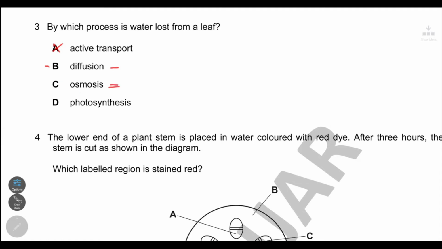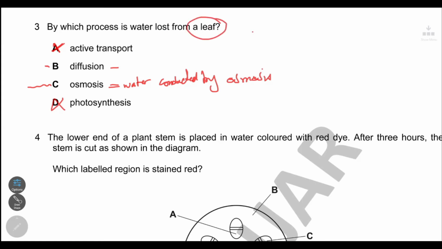Osmosis, the water is moved by osmosis. But don't be tricked. Photosynthesis, no, it's not. Active transport, no. Osmosis, yes, the water is transported by osmosis, but here he mentioned the water loss from the leaf.